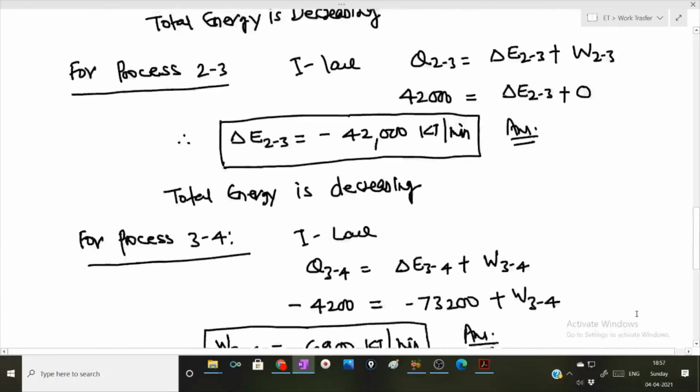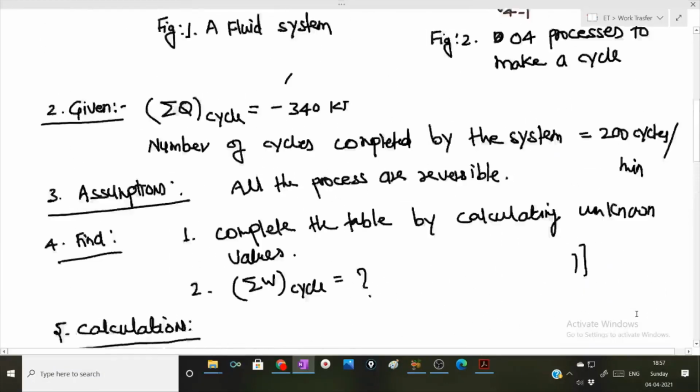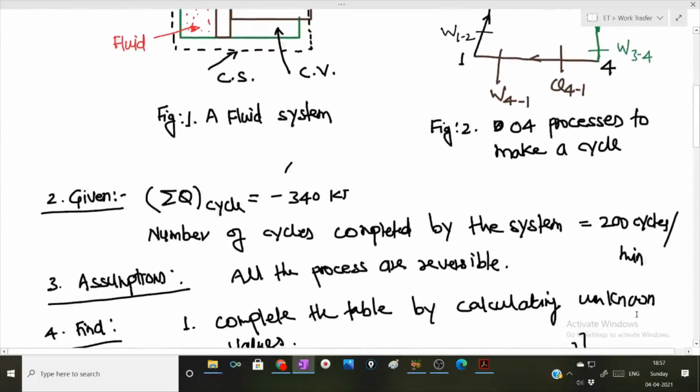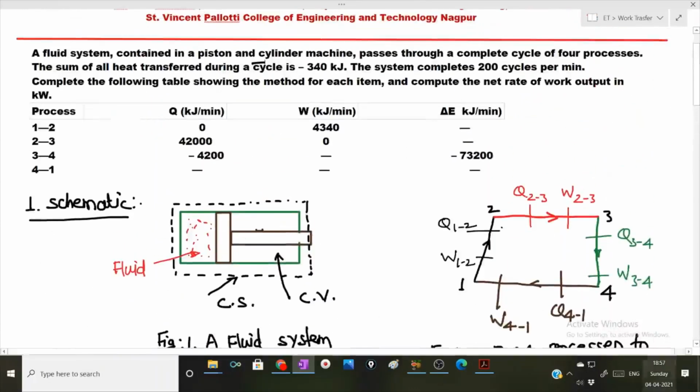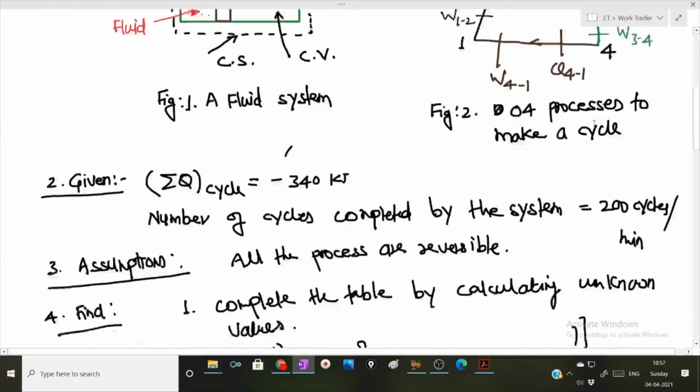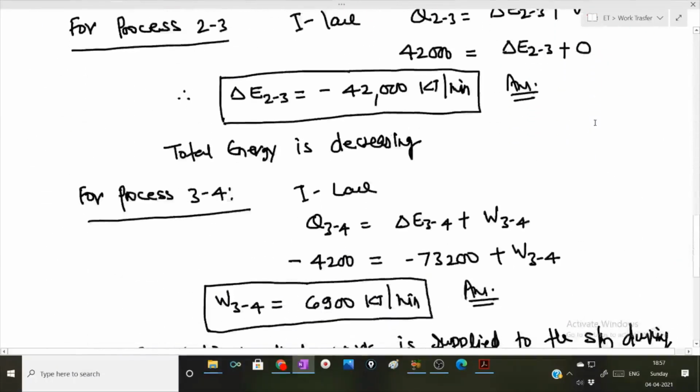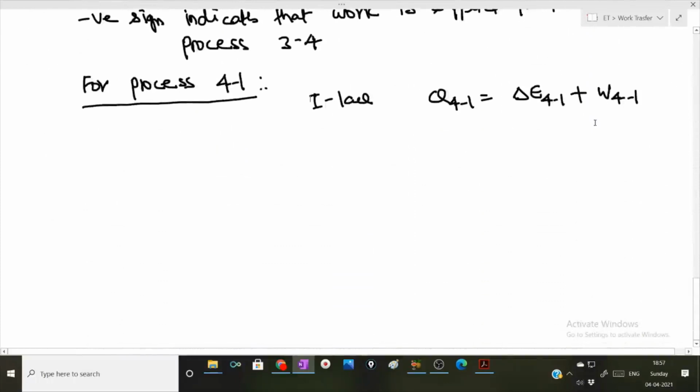So let us refer to the table. Now in the table for this process, values of Q, W and delta E are not given. So we are supposed to calculate all the three quantities. So how to calculate them? Let us first calculate the value of heat transfer during the process 4 to 1.